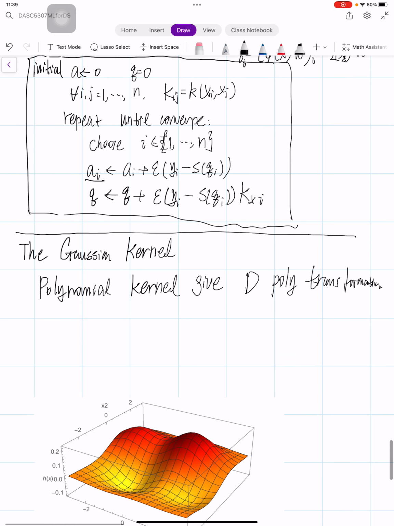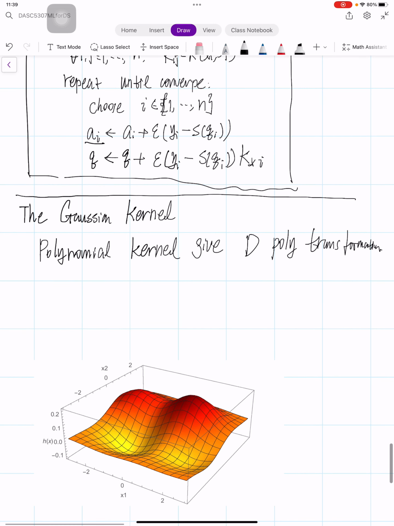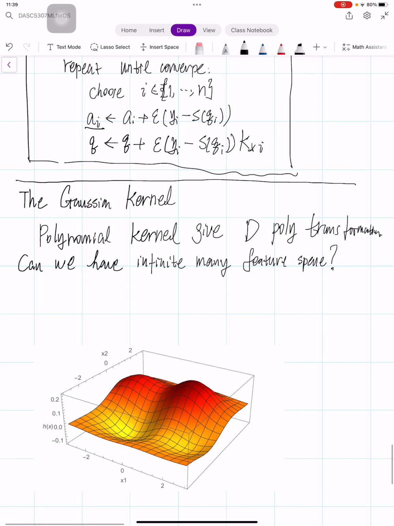What if we can have an infinite dimensional space, infinitely many feature spaces?